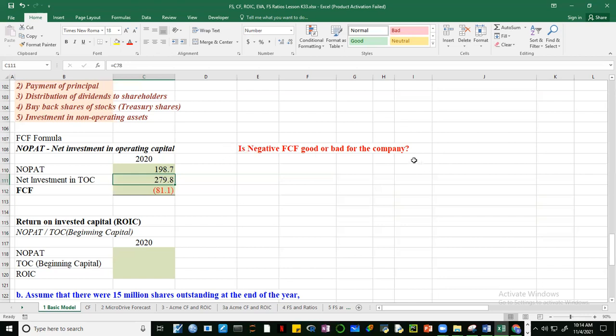So is the negative free cash flow good or bad for the company? It depends. In this case, it seems that the negative free cash flow, which is attributable to a high investment in operating capital, seems to indicate that the market conditions will be favorable for the company in the near future. And besides, the NOPAT seems to be okay. So they were able to cover their operating costs. Okay?